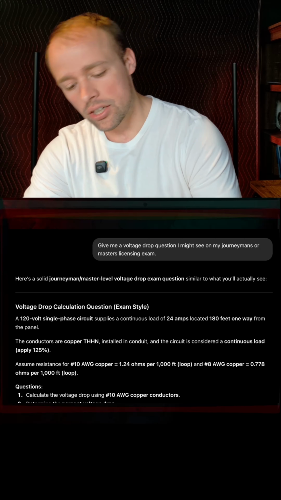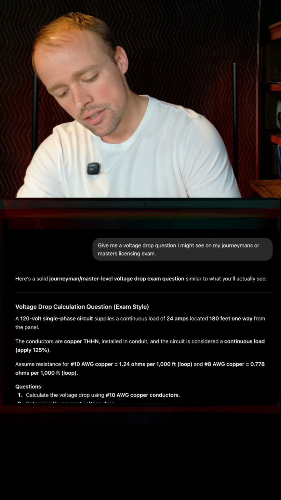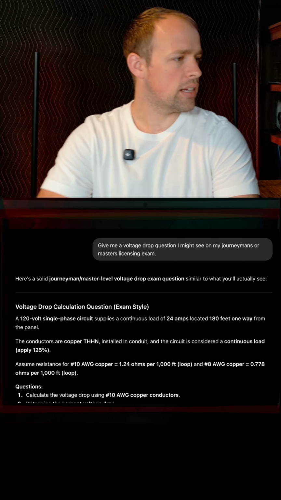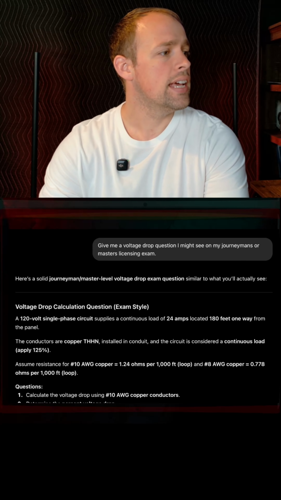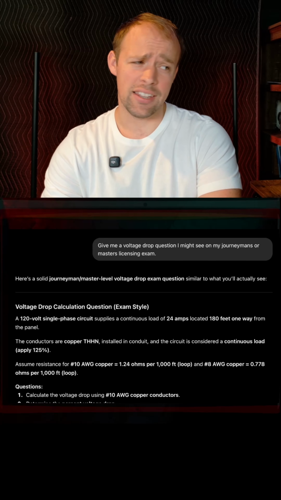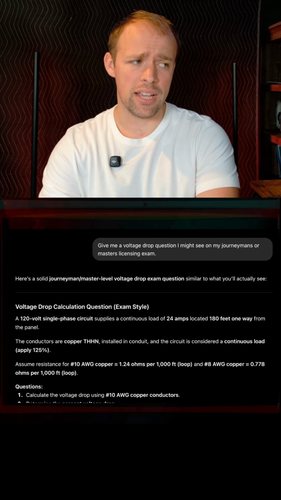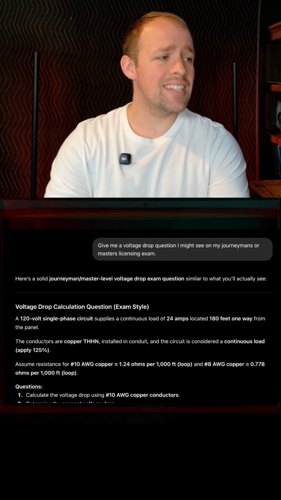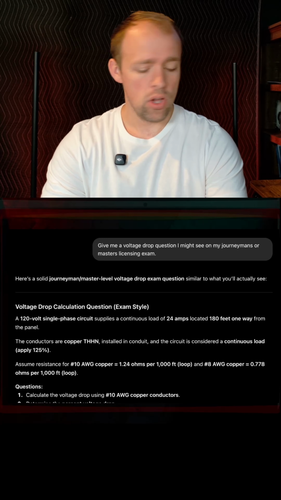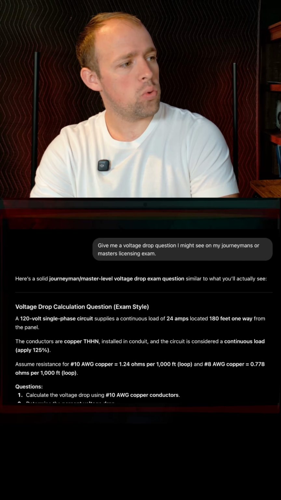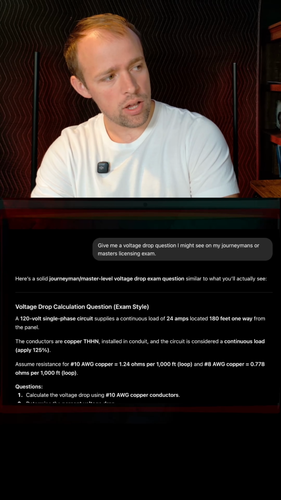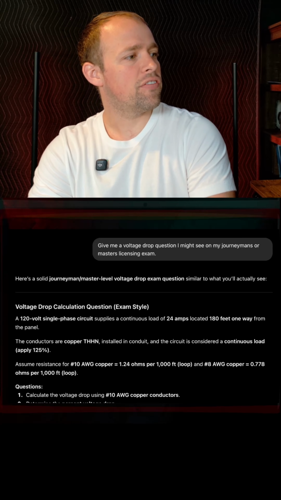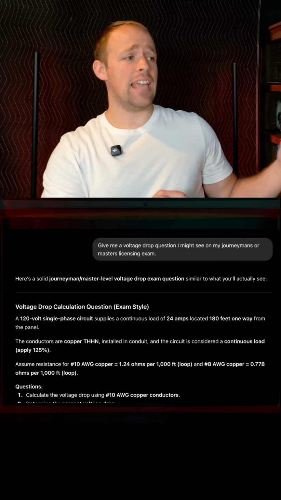The conductors are copper, THHN, installed in conduit, and the circuit is considered a continuous load again, and it's telling me apply 125%, which is interesting. Assume resistance for 10 gauge copper, which is 1.24 ohms per 1,000 feet, and 8 gauge copper.